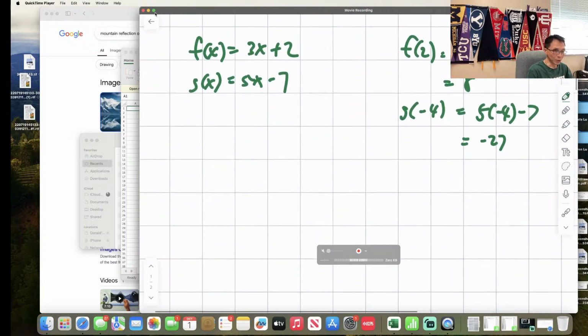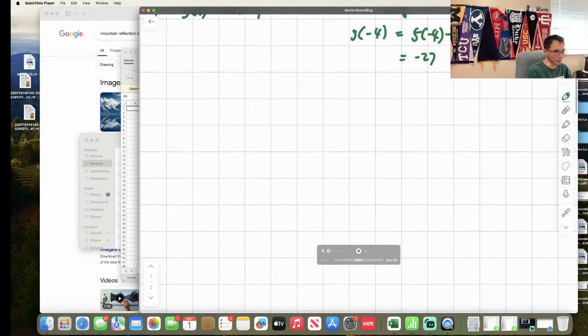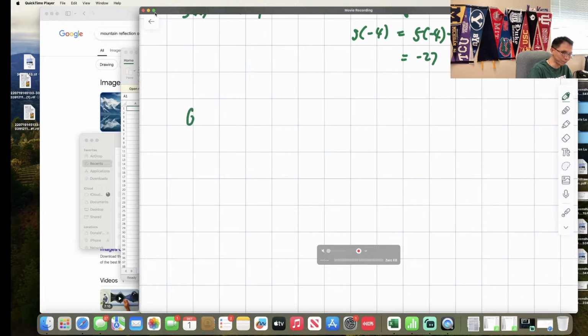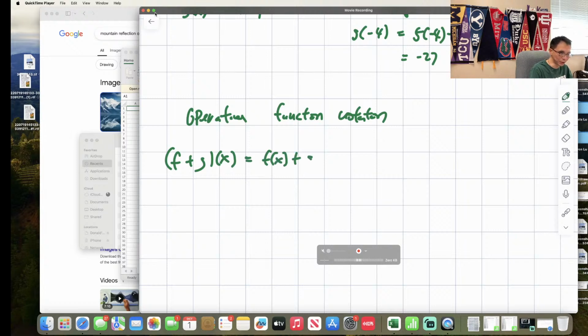Okay. So there are a lot of function operations. So let's talk about operation. Function notation. So they are f plus g of x like this. This just means f of x plus g of x.